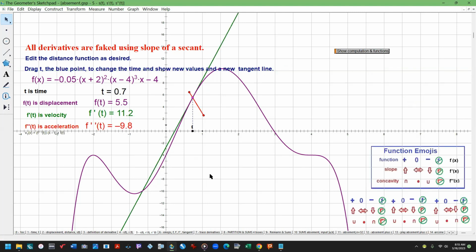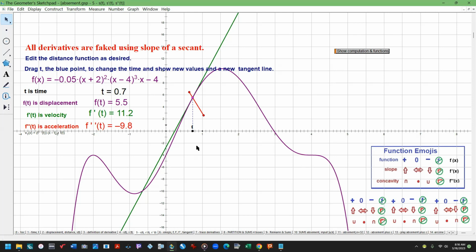I've introduced an additional segment here. In red is the acceleration. If the displacement is your function, then its first derivative is the velocity, and that's this green tangent line here. And the acceleration is this red.